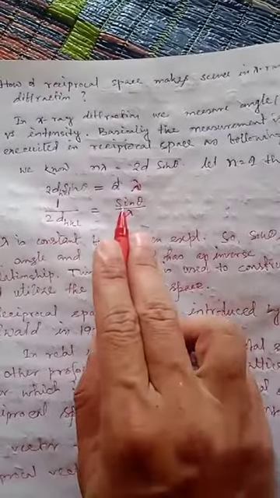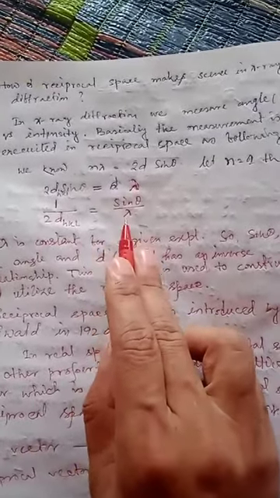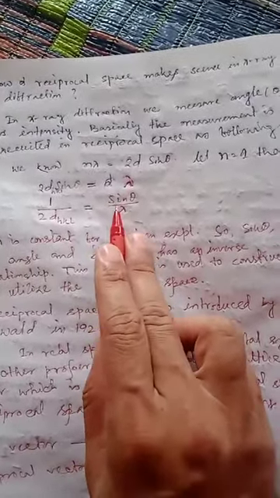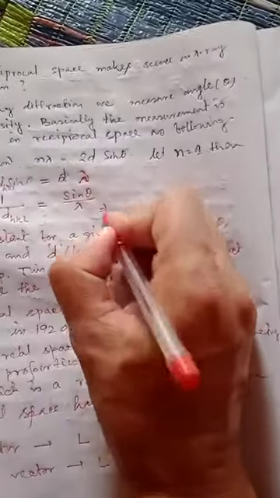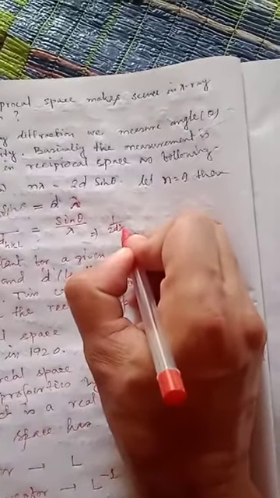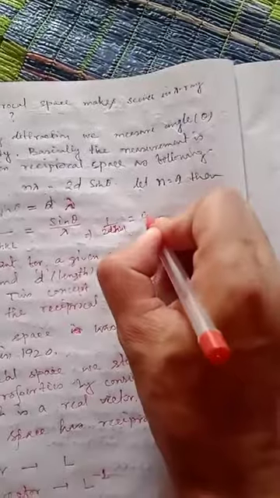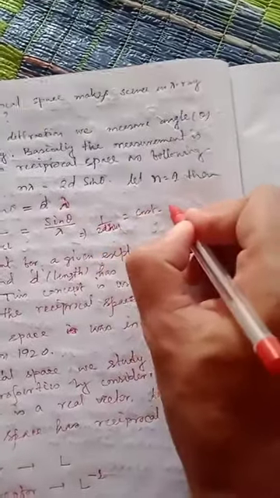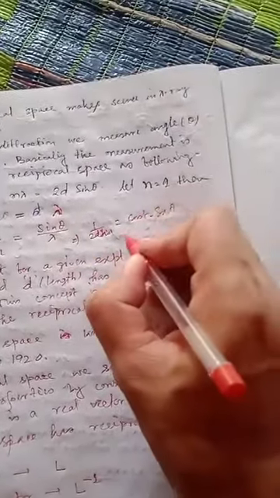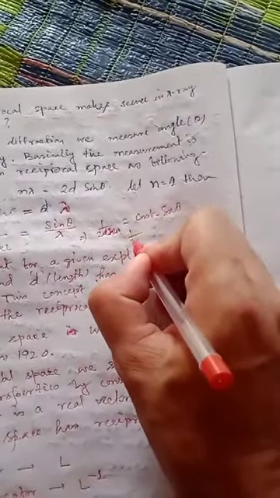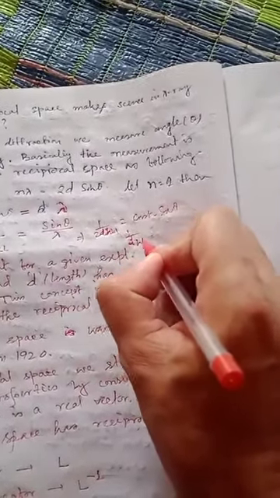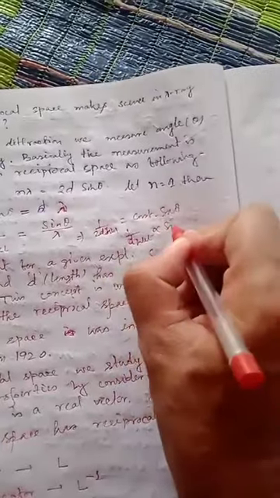Now lambda is constant for a given experiment. So we can write 1 by 2d HKL is equal to 1 by constant into sin theta. So that is, 1 by d HKL is proportional to sin theta.